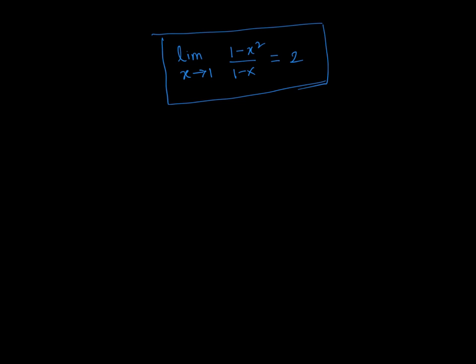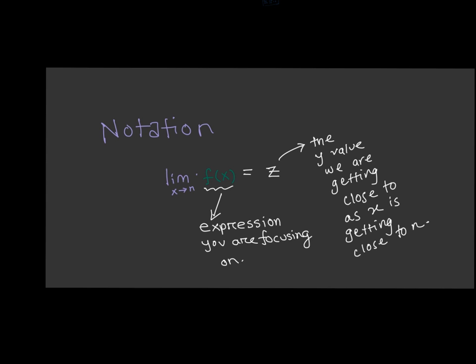So here's a detailed look at the notation that we're going to see. When we have a function, let's say for example f of x, we will write the f of x in the middle, and on the left hand side of f of x we will write the limit notation, lim, which stands for limit.